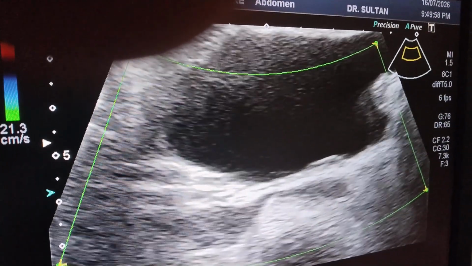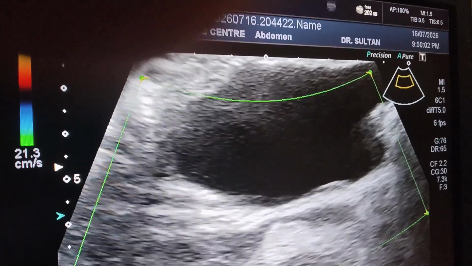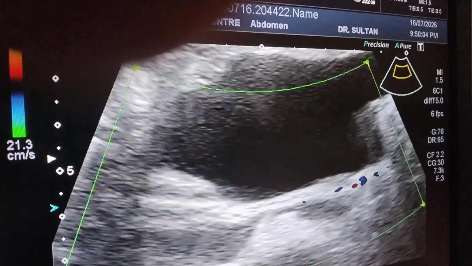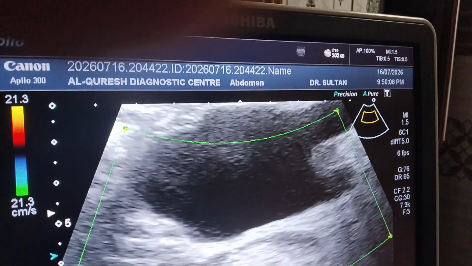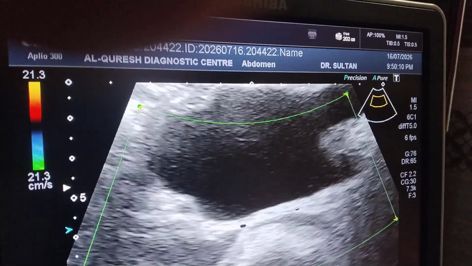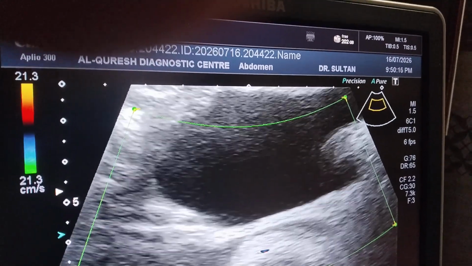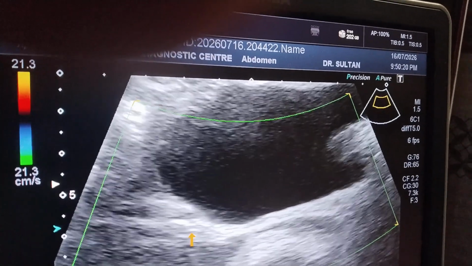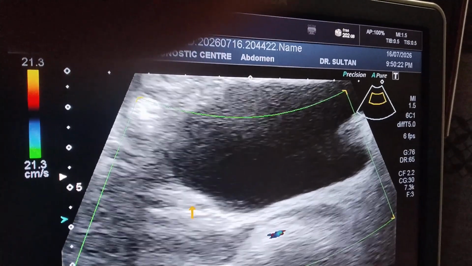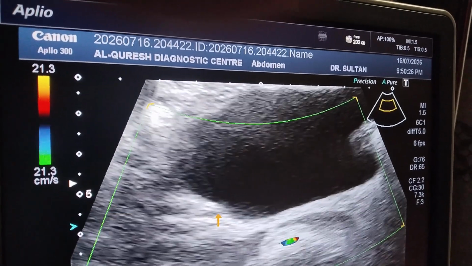This is also a method to see whether an obstruction is present or not. Here we can appreciate this one is the ureter and this is the VUJ.